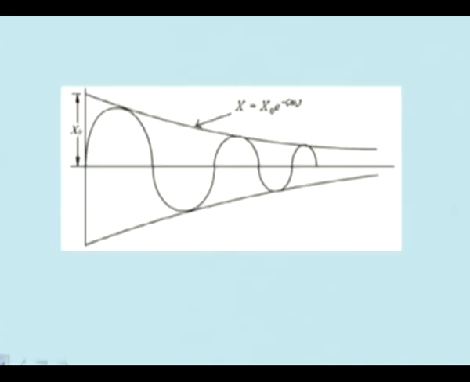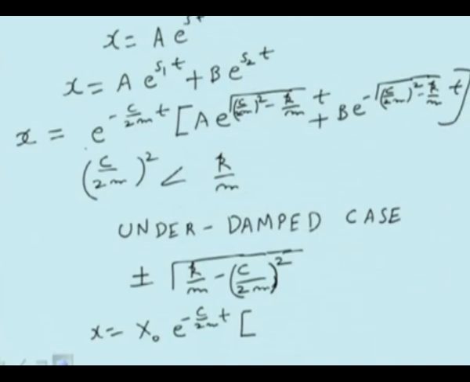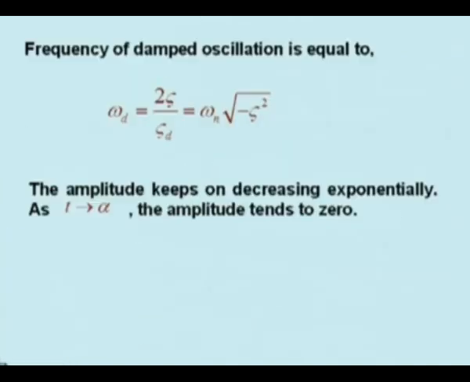I am not writing that term. So x is basically x0 e to the minus zeta omega n into t.